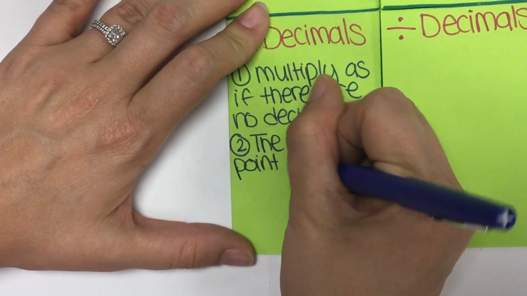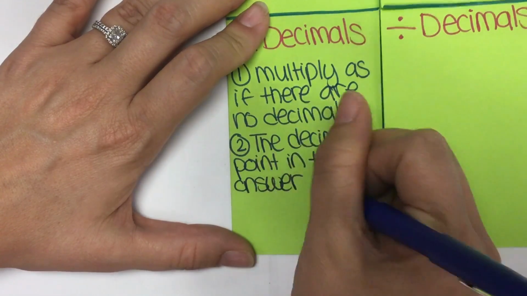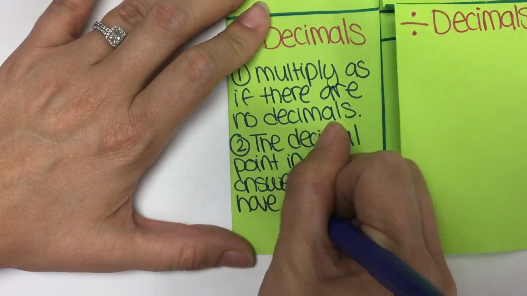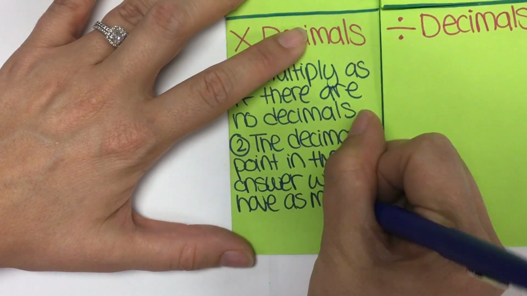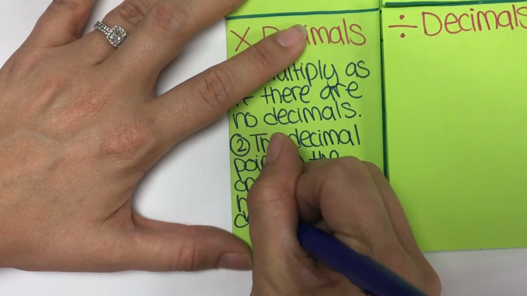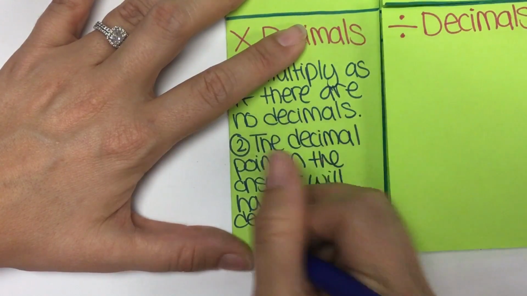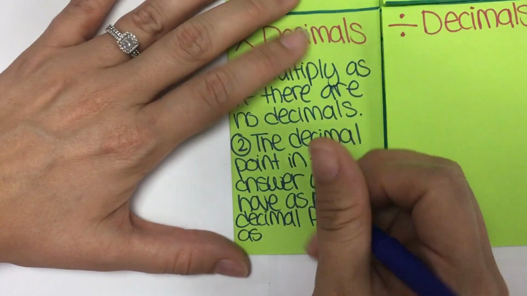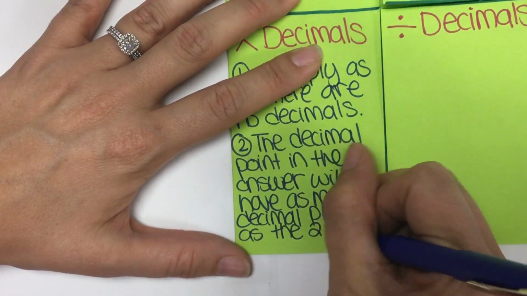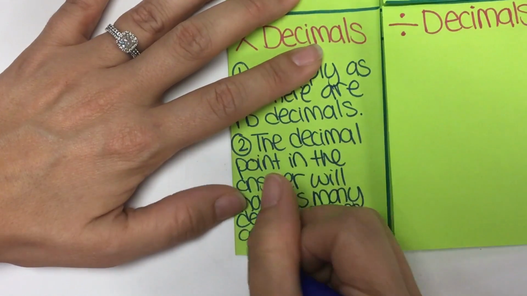The decimal point in the answer will have as many decimal places as the 2, I'm running out of space, y'all. As the 2 original numbers combined.